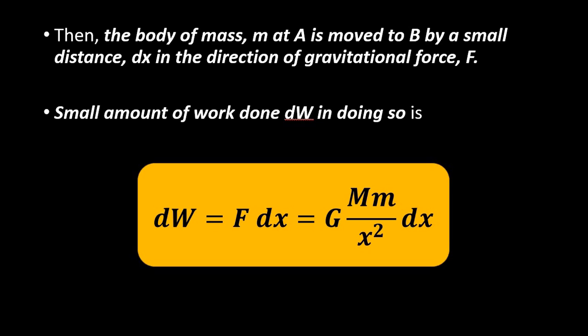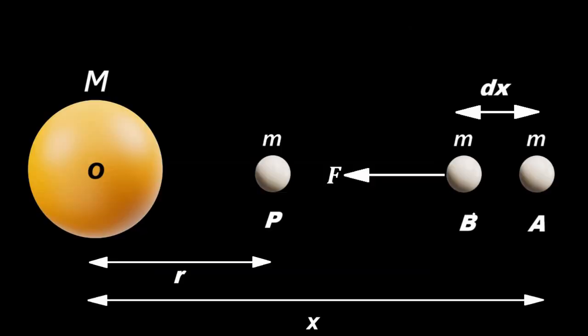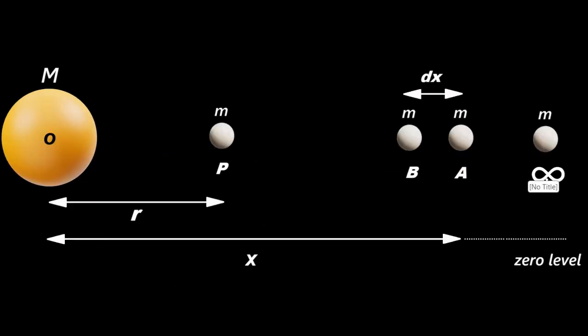Now we moved the object from B to P. So this is the total displacement: initially from infinity to A to B, and then B to P. So totally from infinity to point P, from the separation distance x equal to infinity to the separation distance x equal to R. This is the total journey of this white mass under the influence of gravitational force.